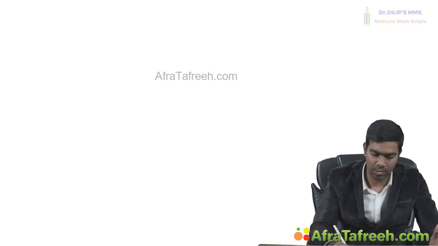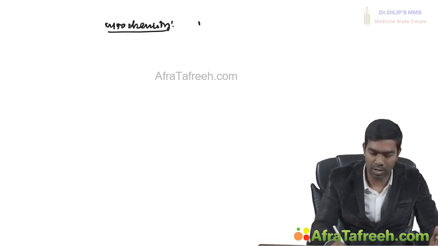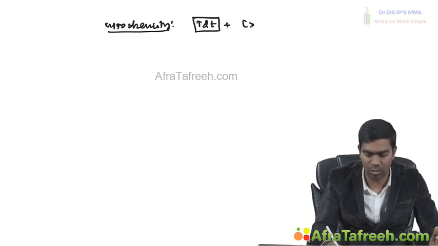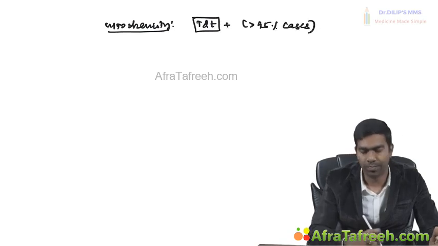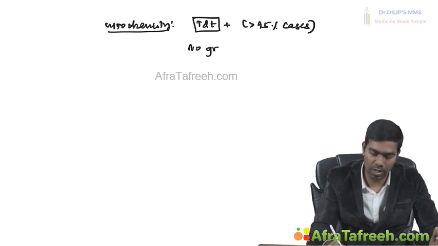So what is the cytochemistry? Basic cytochemistry we have discussed already. Remember, the most important cytochemistry in ALL is TDT, terminal deoxynucleotidyl transferase, which is positive in more than 95% of the cases. Clear? Similarly, morphologically speaking, there will be no granules.